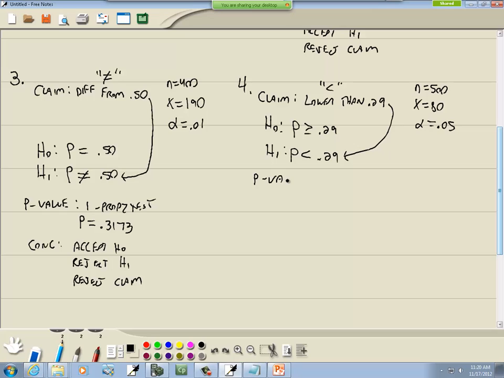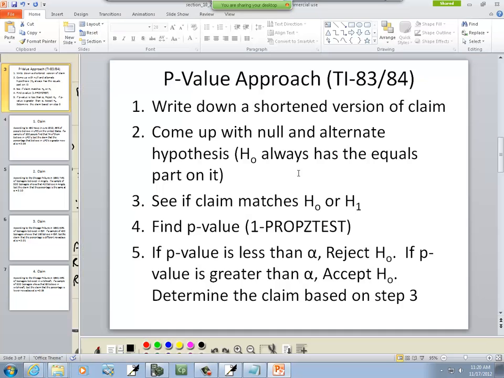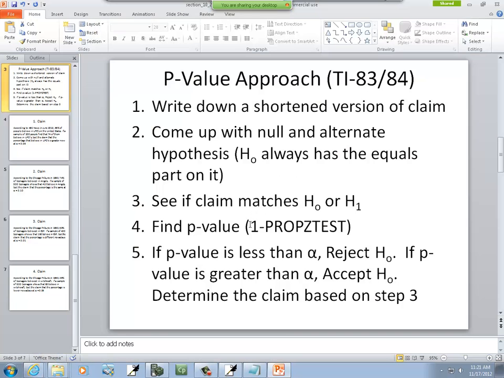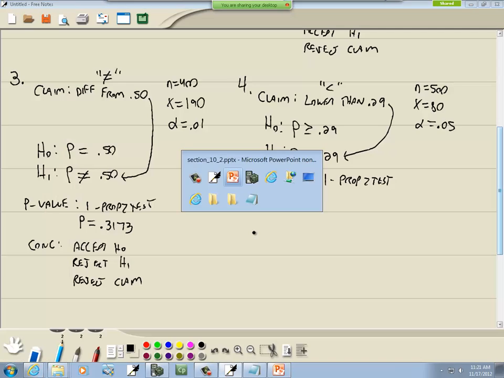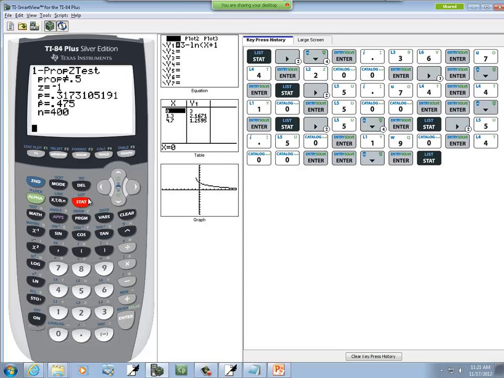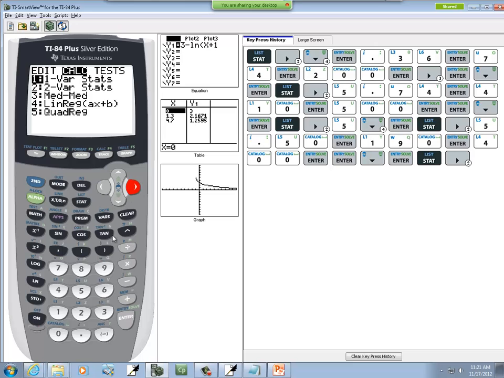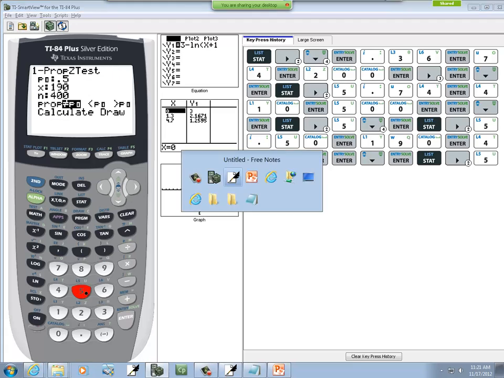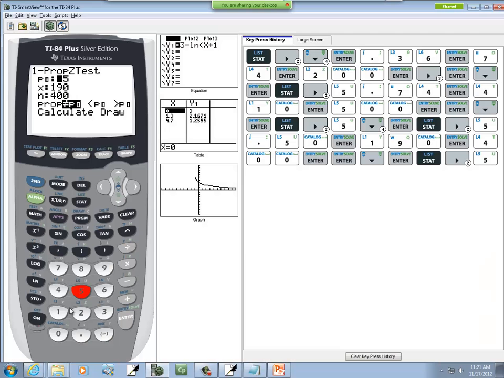Step 4, find our p-value. We're going to use one prop z-test. Again, I'm just going down the steps here. Okay, one prop z-test, stat test 5. The number off of our claim is 0.29.